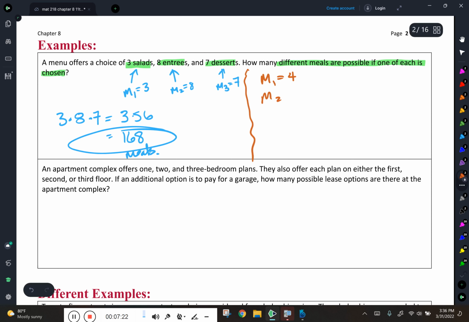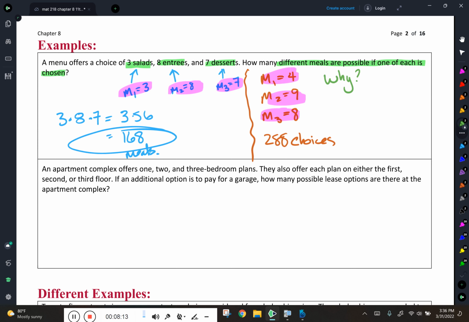They would get 288 choices. Now, how do you get from 3 to 4 and 8 to 9 and 7 to 8, but more importantly, why?